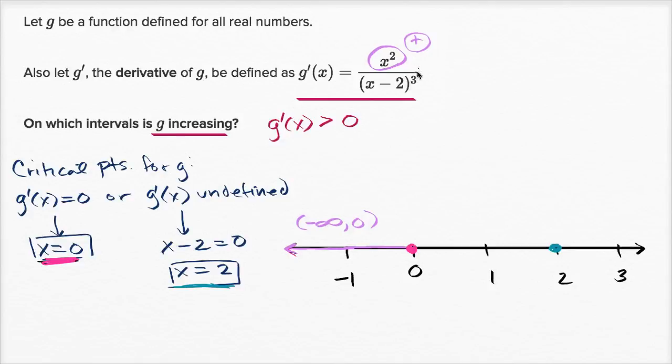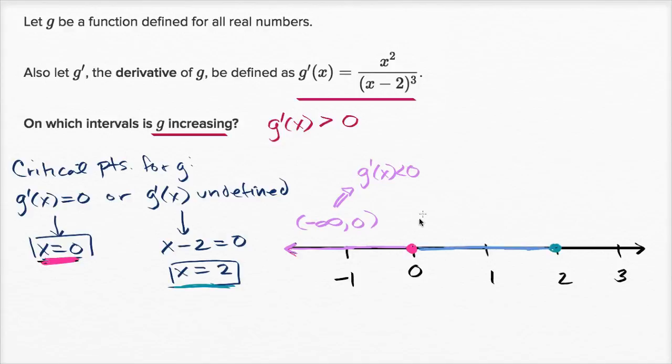A negative number to the third power is going to be negative. So you're going to have a positive divided by a negative. So g prime is going to be negative. So on this interval, g prime of x is less than 0. If we wanted to know when it's decreasing, we would know it's definitely decreasing over that interval.